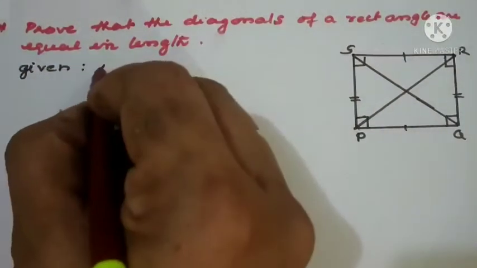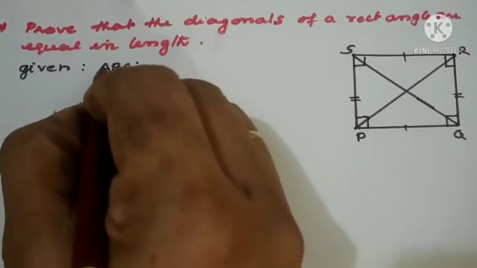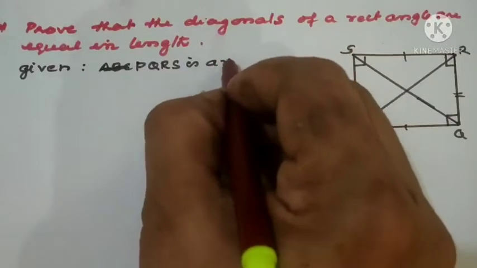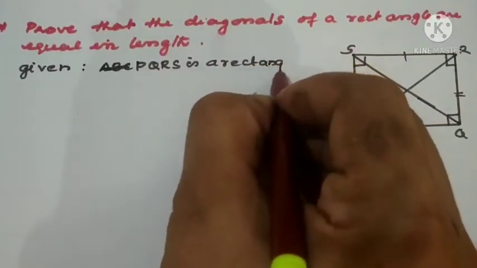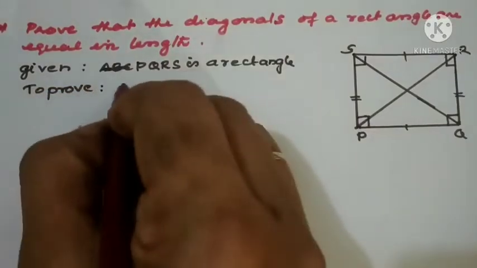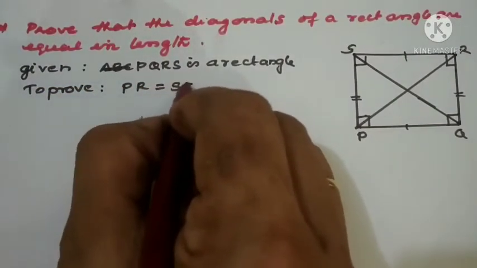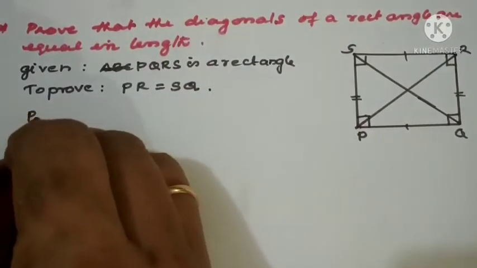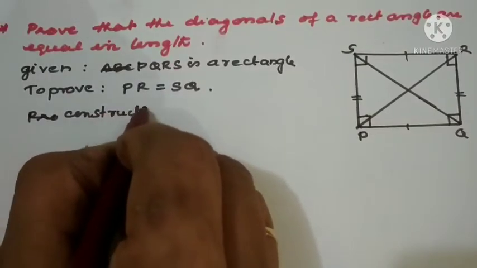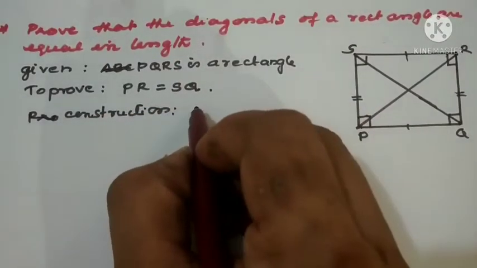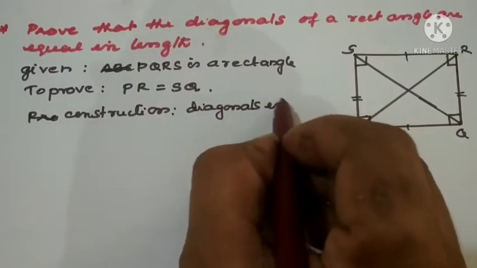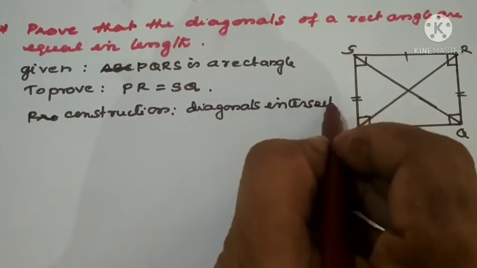PQRS is a rectangle. To prove: PR equal to SQ. Proof. Construction: diagonals intersect at O. It's not given in the question.